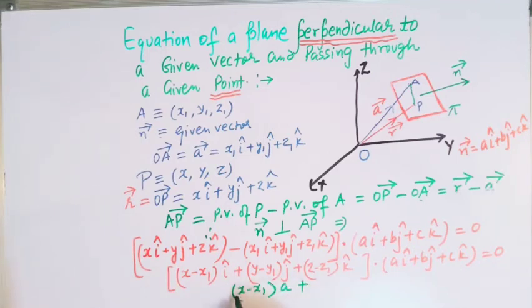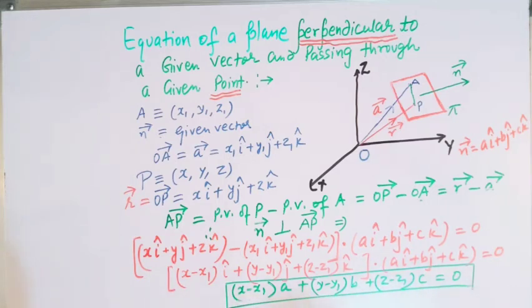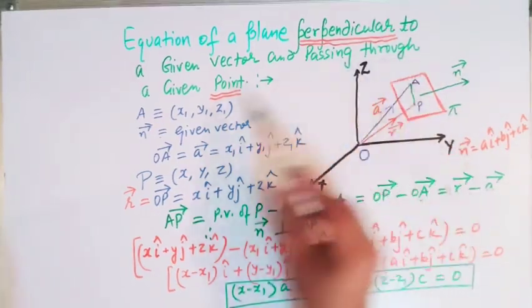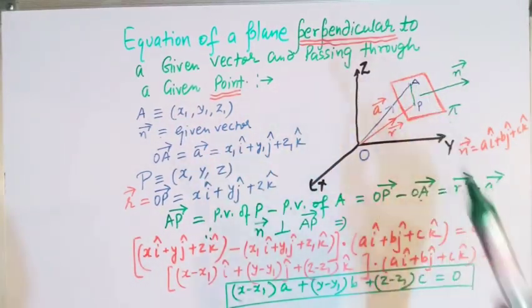So here we have x minus x1 times a plus y minus y1 times b plus z minus z1 times c is equal to 0. So this is the Cartesian equation of a plane that is perpendicular to a given vector n and passing through a given point A, right?